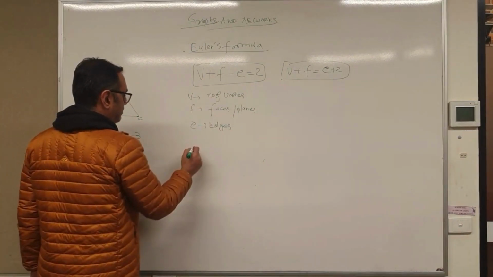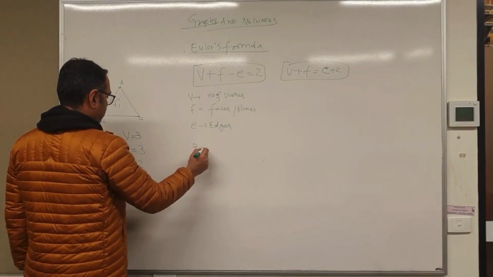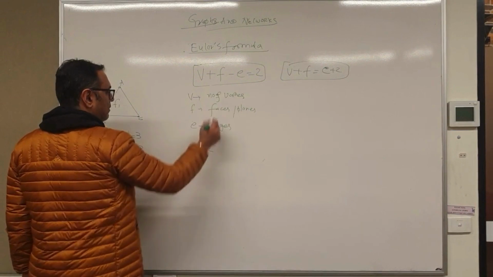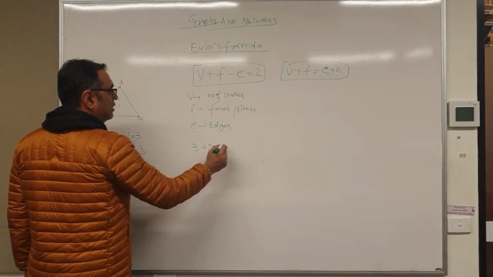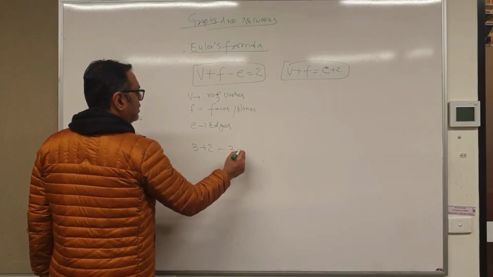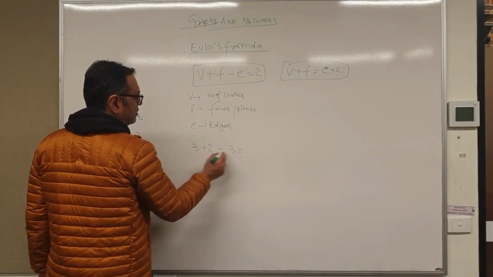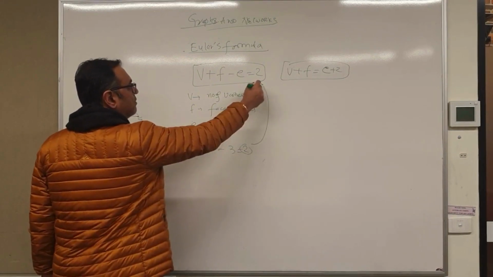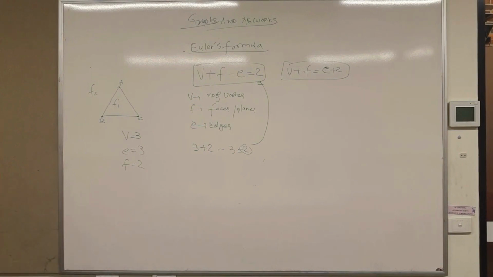V plus F minus E equals, you see, 2, no? So you proved Euler's formula.